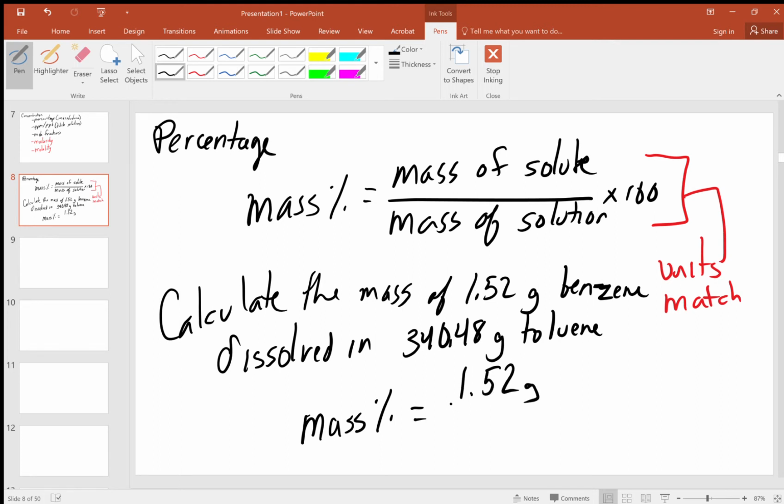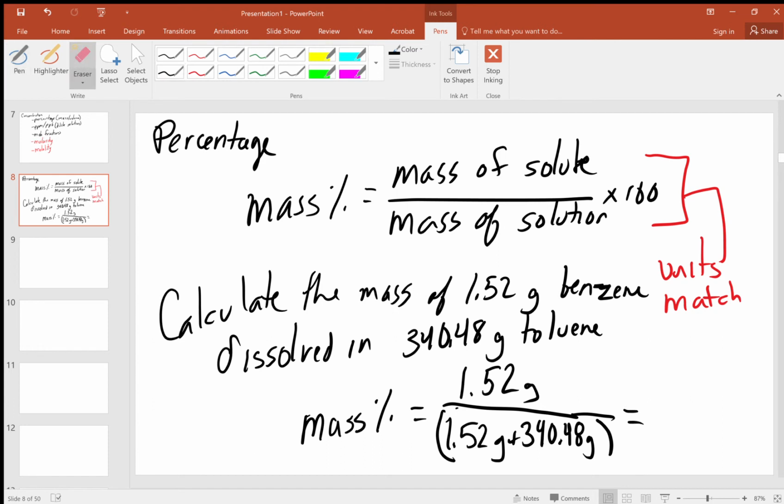We know that's the solute because that's what's in the smaller quantity. The mass of the solution is all of the solution, so that's the 1.52 grams of benzene plus the 340.48 grams of the solvent. Times 100.